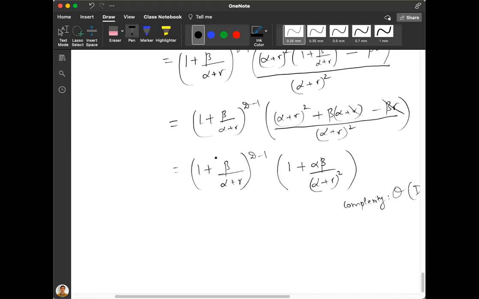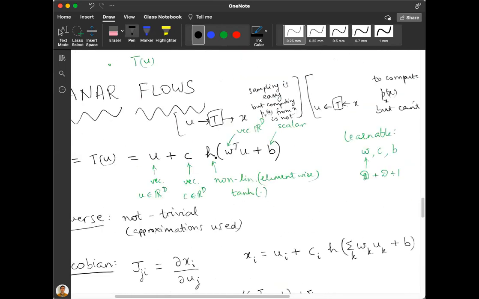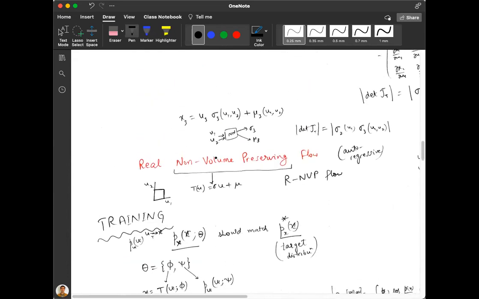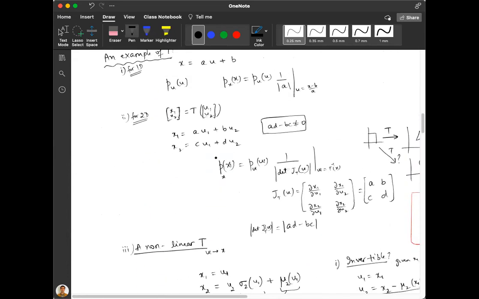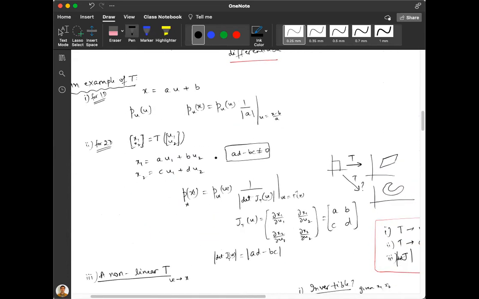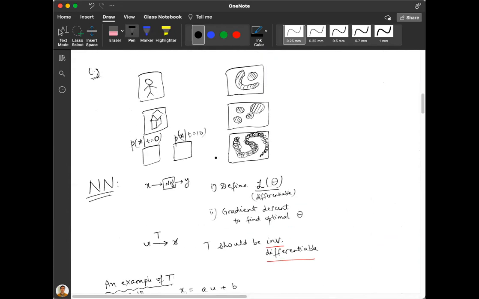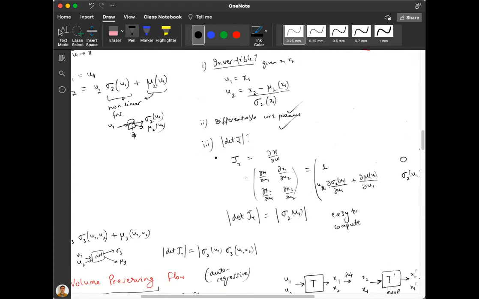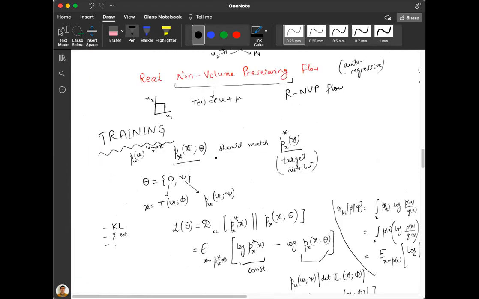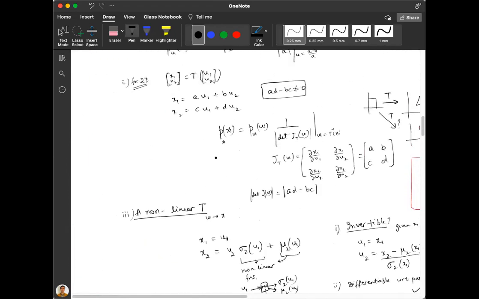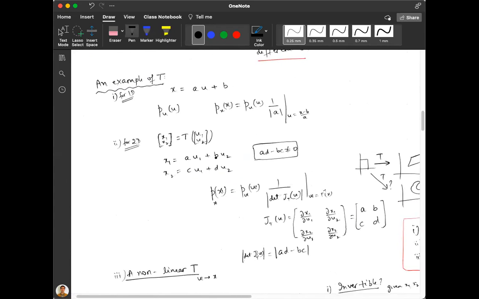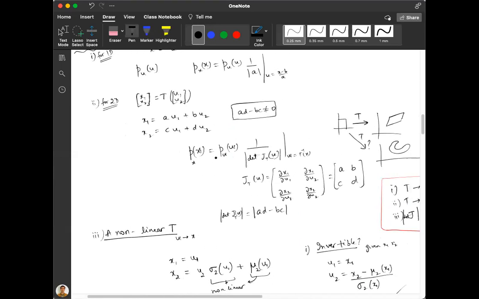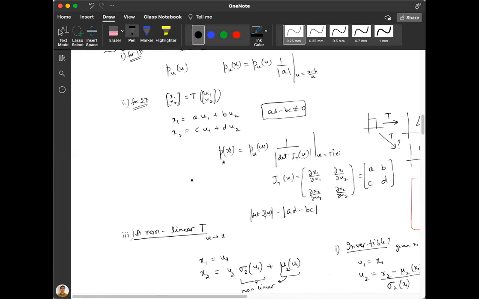And then you can use simply an RNVP thing. But you may need to do, if you remember the trick where you first compute in one way, then the other way.